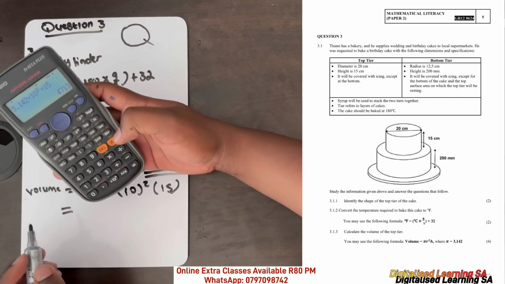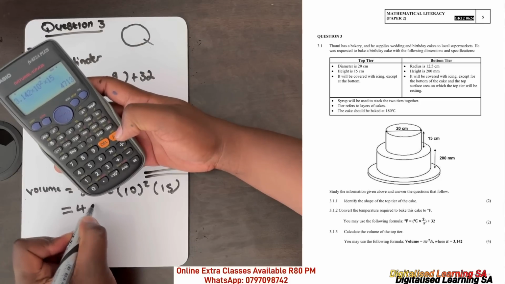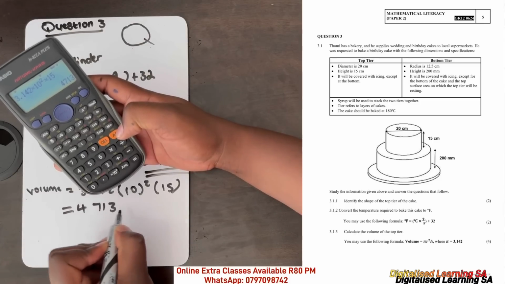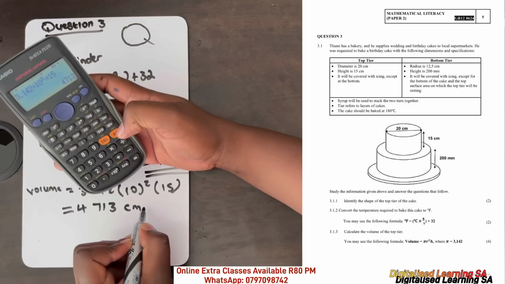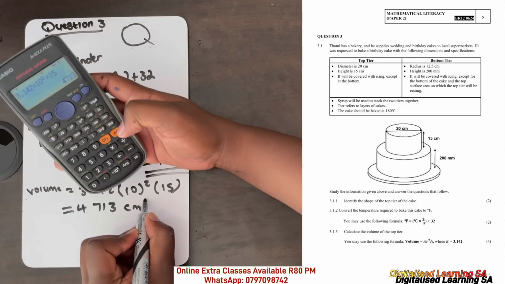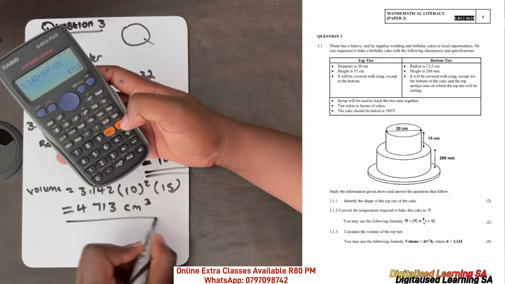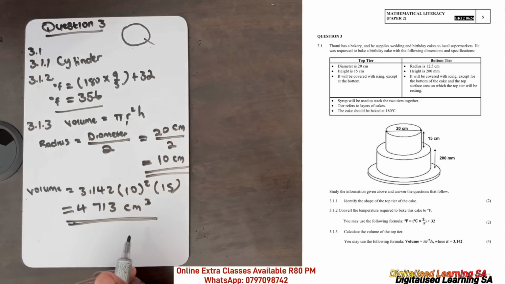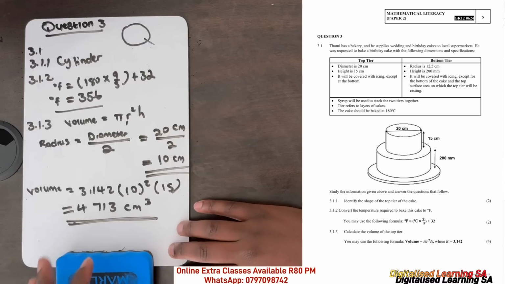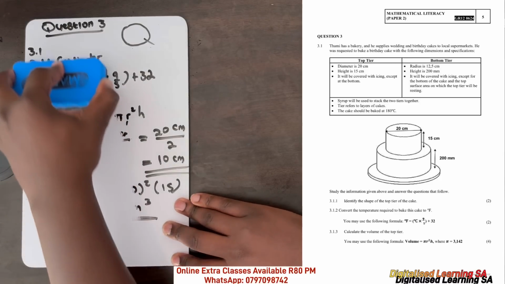Our volume will be 4713 centimeters cubed. Okay, now let's move to our next question, which is question 3.1.4. But before we do that, let's create a bit of space.